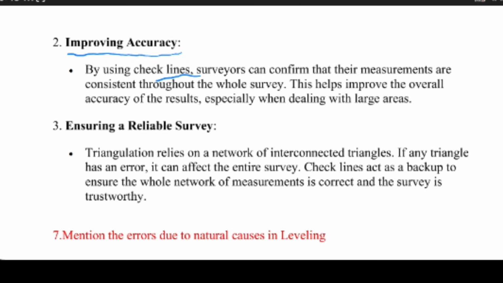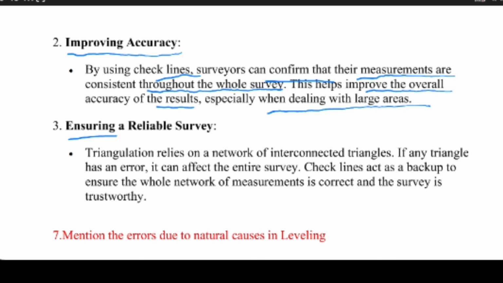By using checklines, the surveyor can check their measurements consistently throughout the whole survey. This improves the overall accuracy of results, especially when dealing with large areas. Based on these checklines, we can find the errors in the triangulation survey.